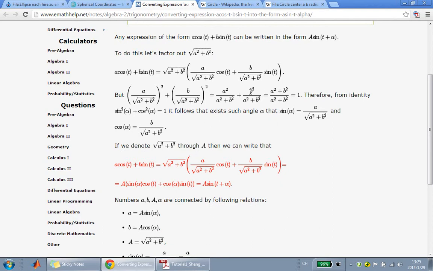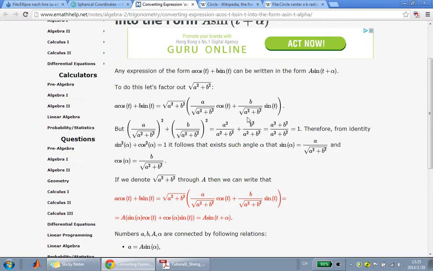Therefore, we can get the value of alpha, and we know that when t plus alpha equals pi over 2, then the sine t plus alpha gets the maximum value. Or when t plus alpha equals negative pi over 2 plus a multiple of 2 pi, then we get the minimum value of sine t plus alpha.